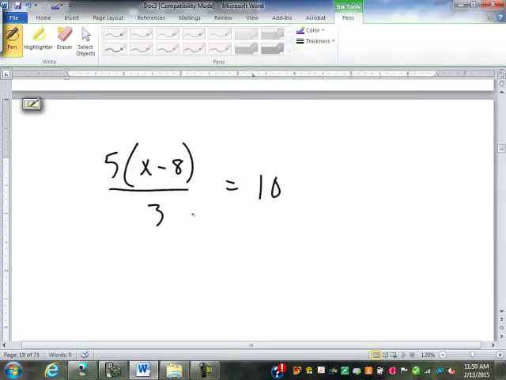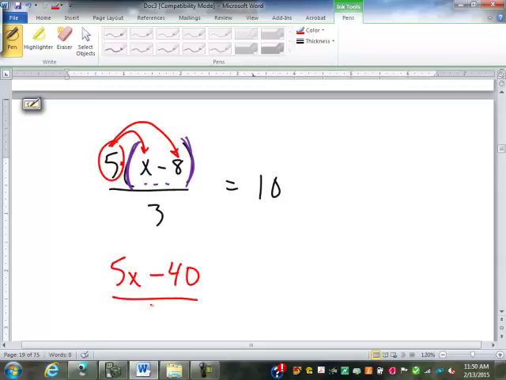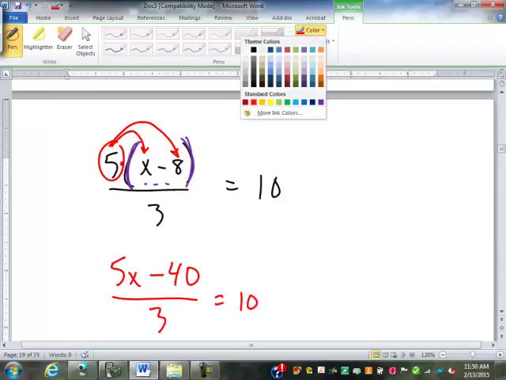So here, again, the last thing that was done in building this equation was dividing by 3, but we see the parentheses. And as always, parentheses should draw our attention first. There's nothing we can do inside the parentheses, but we can do the 5 multiplying the parentheses. So let's do that first. 5 times x is 5x. 5 times negative 8 is negative 40. So that becomes 5x minus 40 over 3 equals 10.